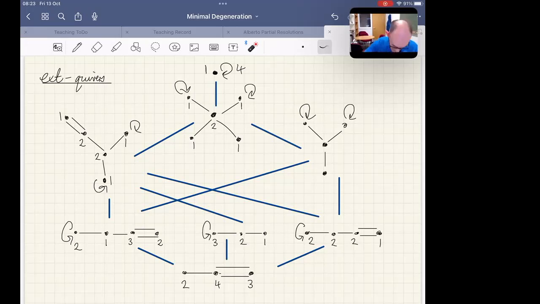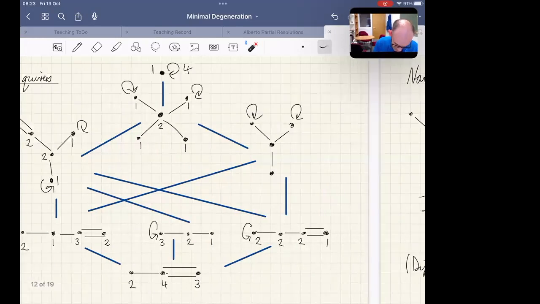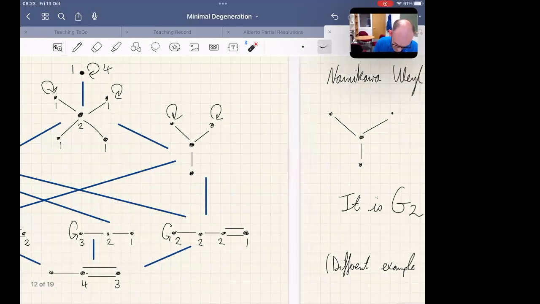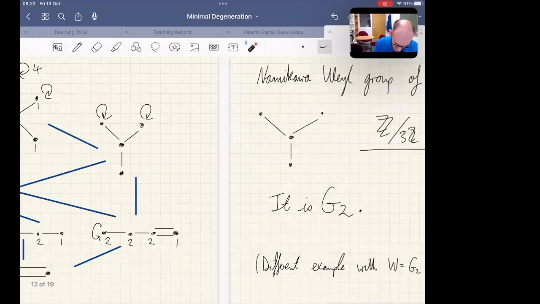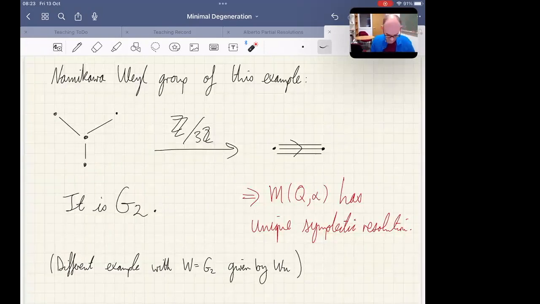Okay, the thing I wanted to say also about this example is, I'm afraid I haven't got time to define this, and this is slightly tangential to the talk, but I wanted to say it for this example anyway, because I thought it was quite interesting. To each one of these quiver varieties, you can associate a Namikawa-Weyl group. You can do this more generally for any conic symplectic singularity.